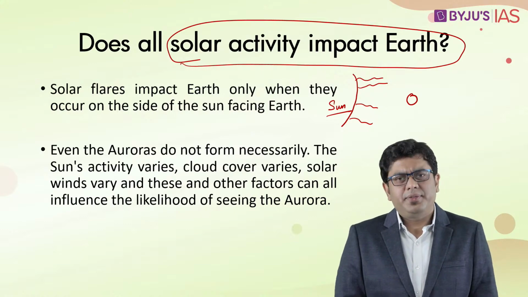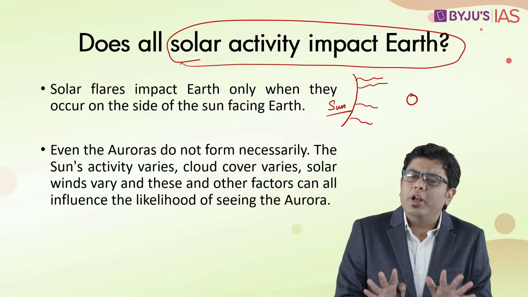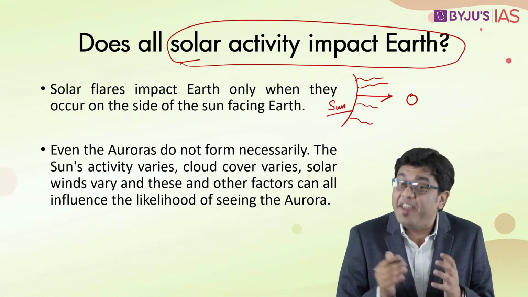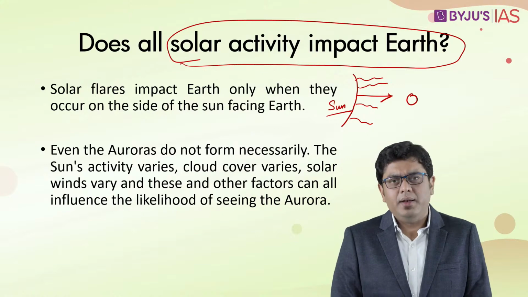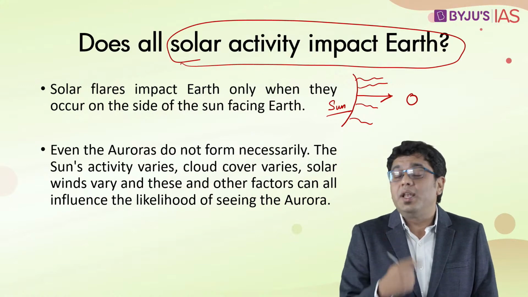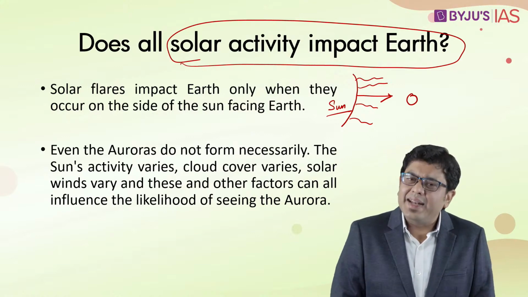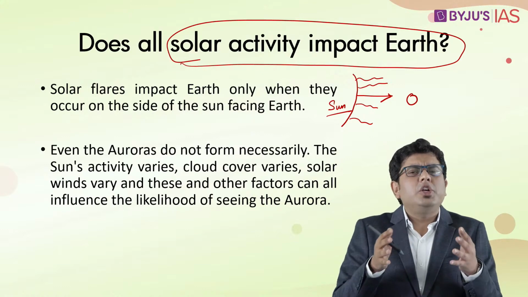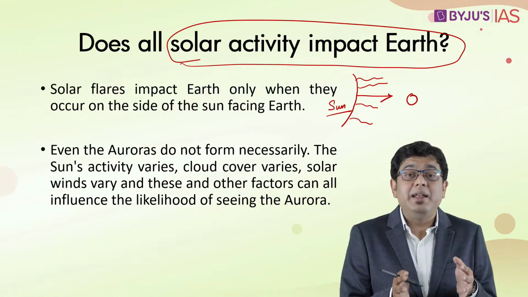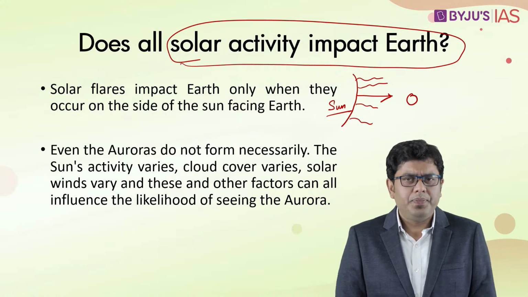But sometimes, even if there is a solar flare or a coronal mass ejection on the side which is facing the Earth, it still does not lead to the creation of such lighted patterns. Why is that? That is primarily because the condition of our Earth's atmosphere, along with the magnetic field lines of the sun and the Earth, keeps on changing.